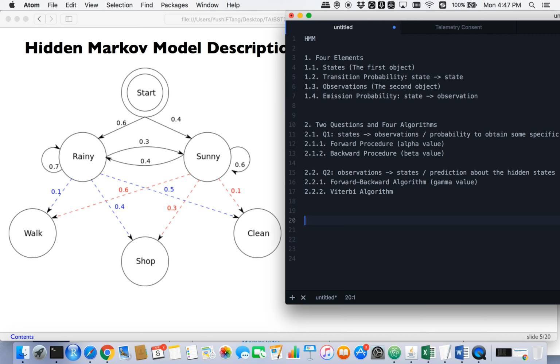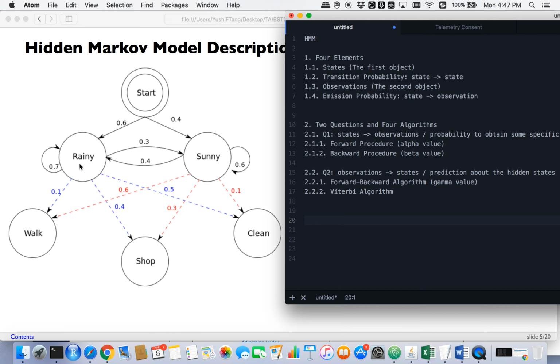On a rainy day, the guy might have higher chances of cleaning his house, and a lower probability of walking outside, which is 0.1. On a sunny day, the chance of walking is 0.6, shopping is 0.3, and cleaning house is 0.1.